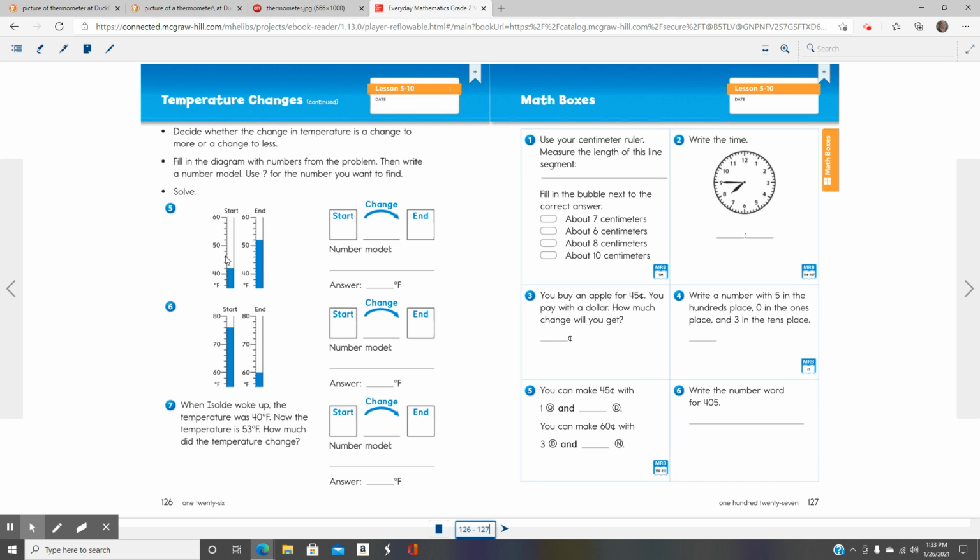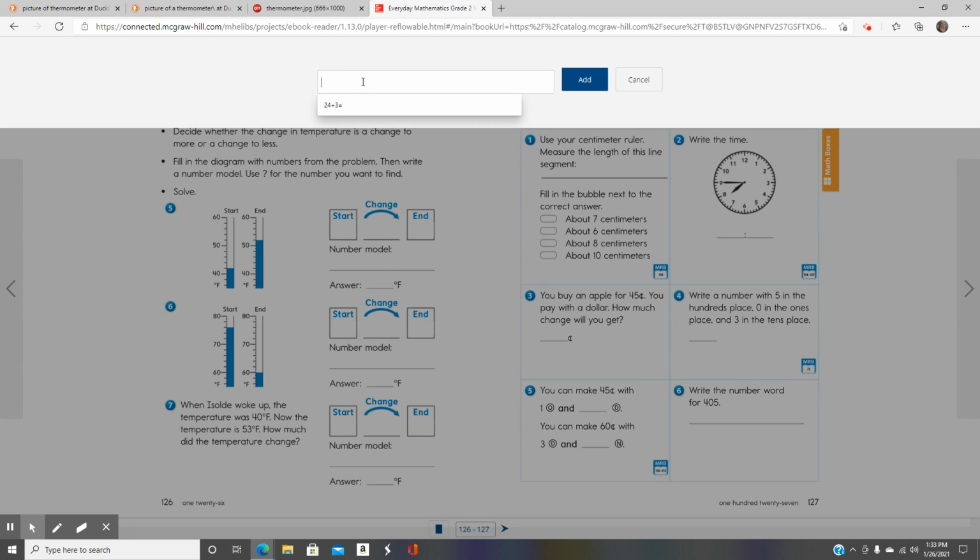We have a bunch of lines in between. Okay, so maybe that's counting by twos. Let's see, 40, 42, 44, 46, 48, 50. Yes, I've confirmed that we're counting by twos. So if this is 40, this must be 42. So our start temperature is 42.